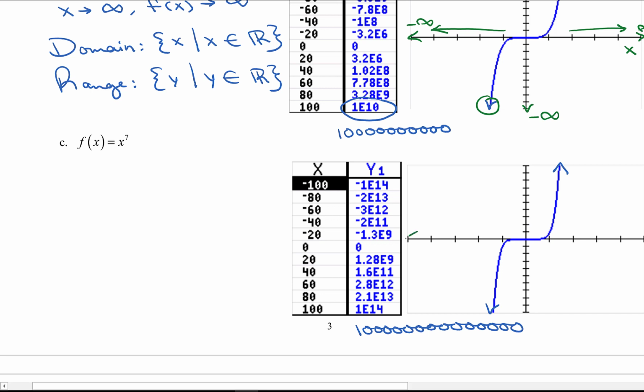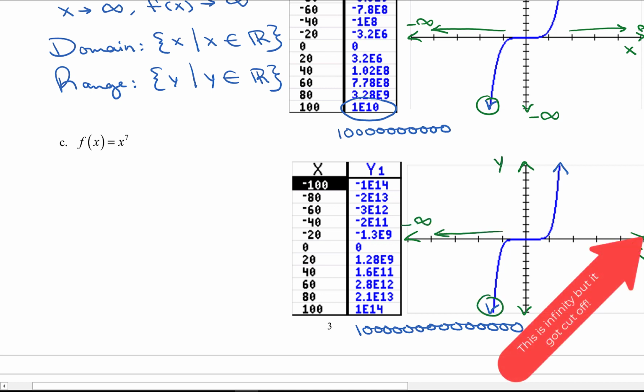So once again here, this is my x, this is my y. As x approaches negative infinity, this is going to approach negative infinity. As x approaches positive infinity, this is going to approach positive infinity. So as x approaches, oops, I meant to say, I want to write the negative infinity first.